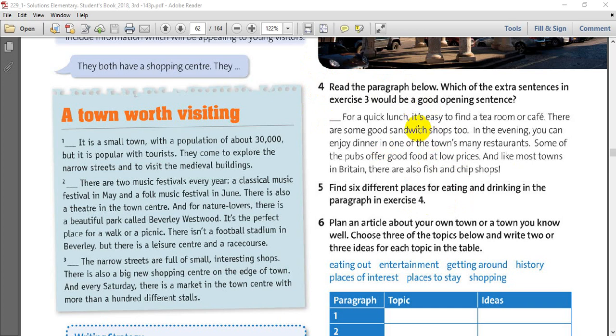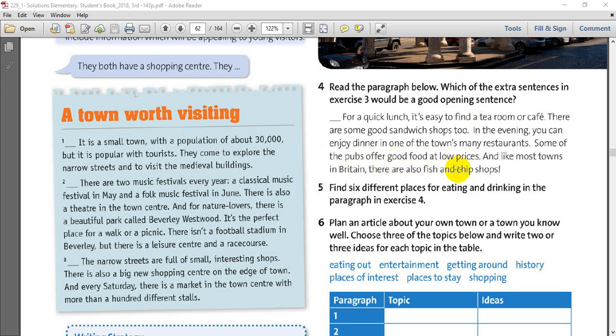Let's read. For a quick lunch, it's easy to find a tea room or cafe. Here, tea room, cafe. There are some good sandwich shops. Sandwich shops, a place for eating. In the evening, you can enjoy dinner in one of the town's many restaurants, some of the pubs. We have restaurants, pubs.